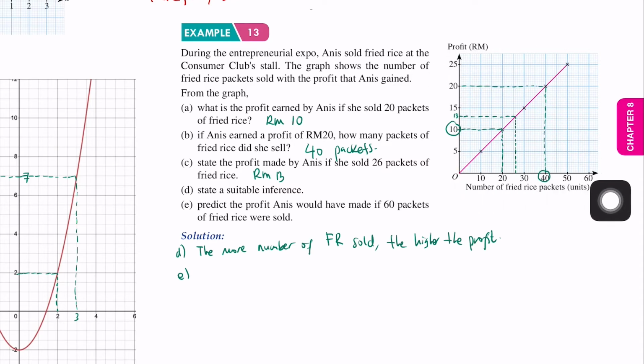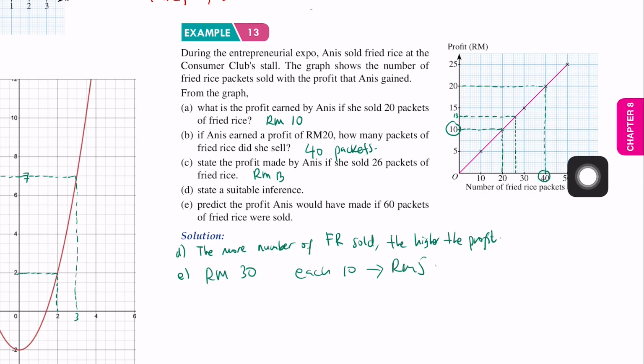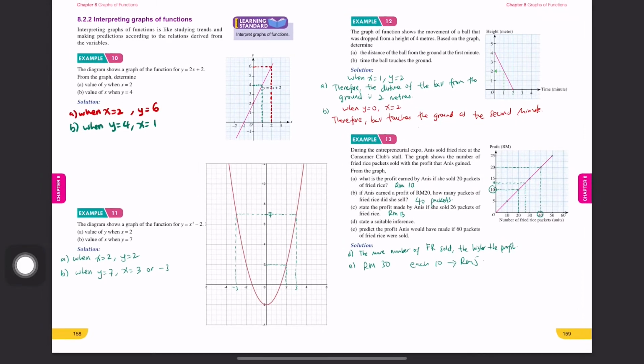Each 10 packets will increase 5 ringgit, right? So 60 will be RM30. Because we know that each 10 packets will increase RM5. Because over here 50 is 25, the highest in this graph. So 50, 25. So for 60, you add another 5 ringgit. So RM30.